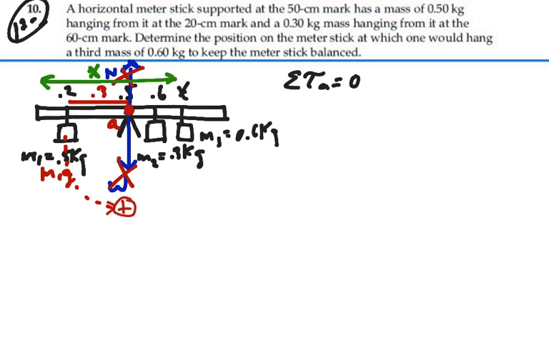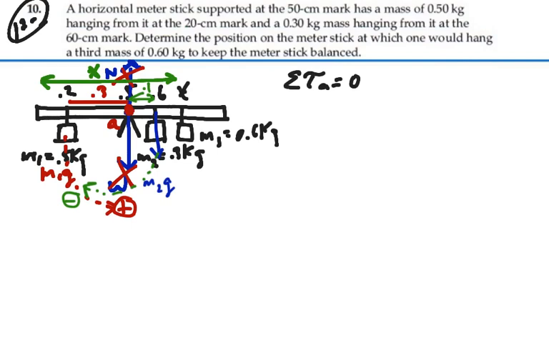And then we have this M2G over here, and that has a moment arm of 0.1 from the axis of rotation, and that's trying to make this thing rotate clockwise about point A, so that would be a negative torque.